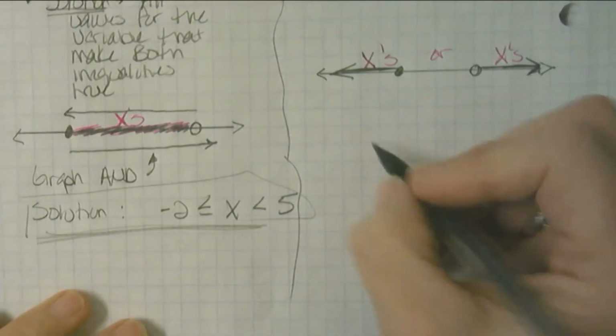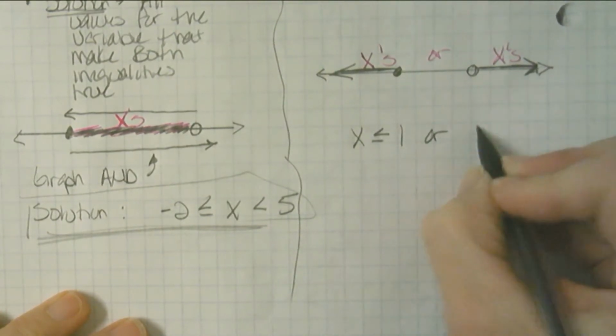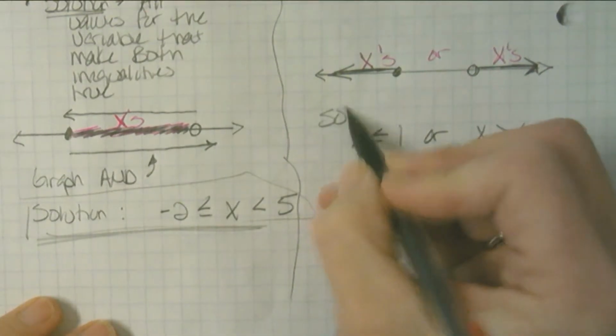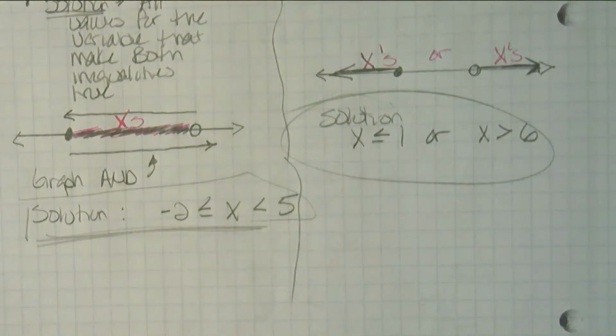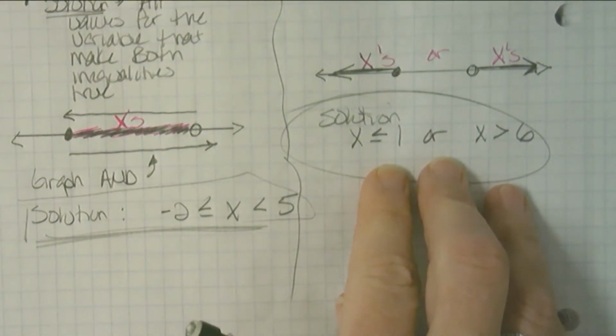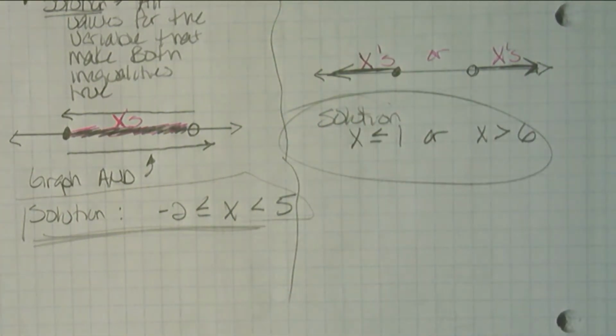An or solution might look like x is less than or equal to 1 or x is greater than 6. So you can see from a solution standpoint what it would look like with a variable. You can see it from a graphing perspective and you can compare them.